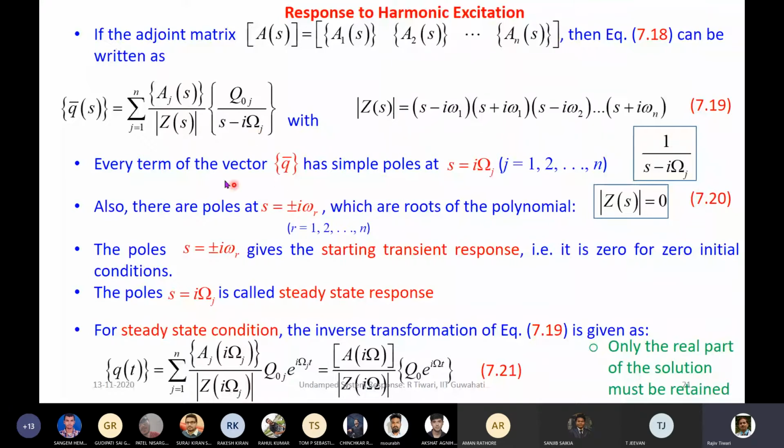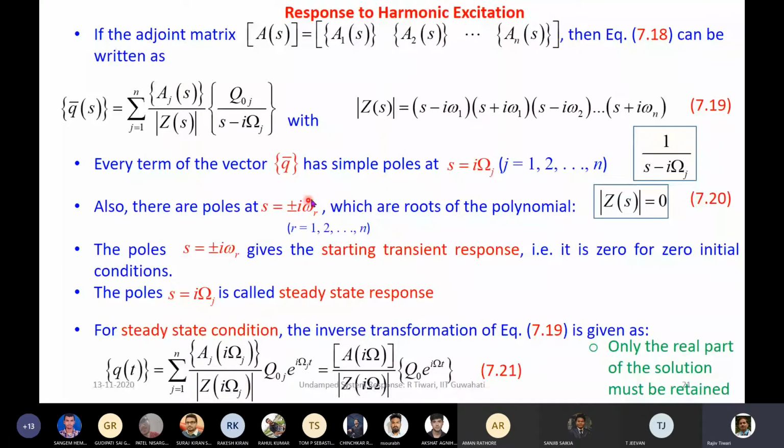So here in this vector Q, we have two types of poles. One is a simple pole at s equal to i capital omega j, where j can vary from 1 to n. These are the simple poles. There are other poles at s equal to plus minus i omega r.